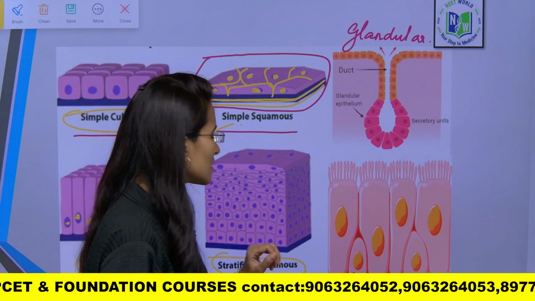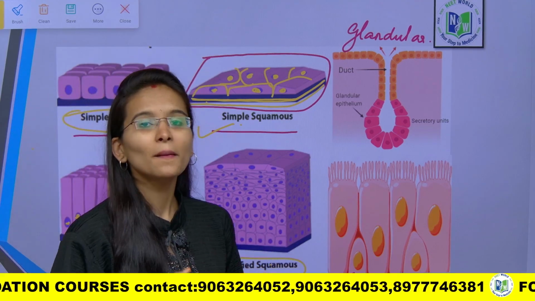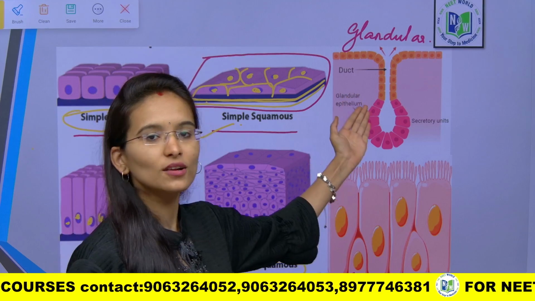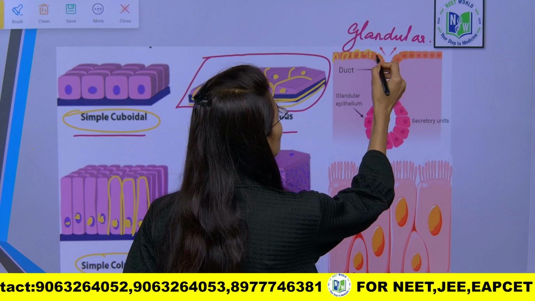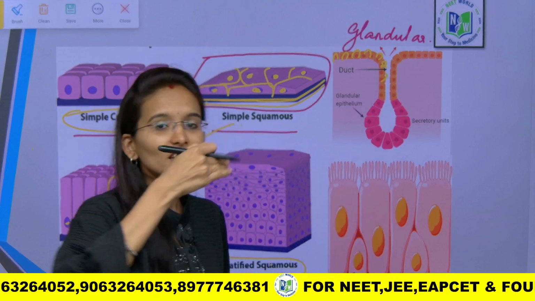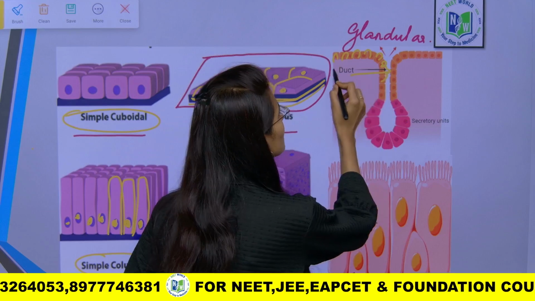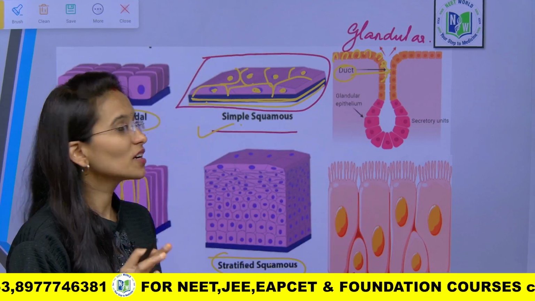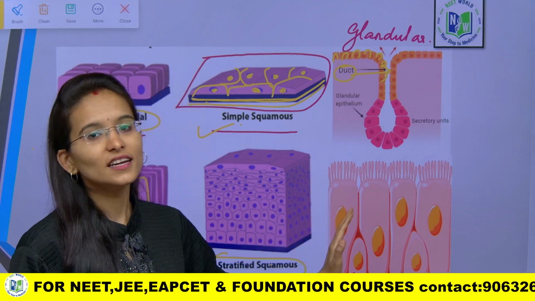And this is the stratified squamous epithelium, where the cells are arranged in multiple layers, and this is the glandular epithelium. Can you see this? This glandular epithelium turns inwards and forms a tube-like structure called the duct. And this is the ciliated epithelium.